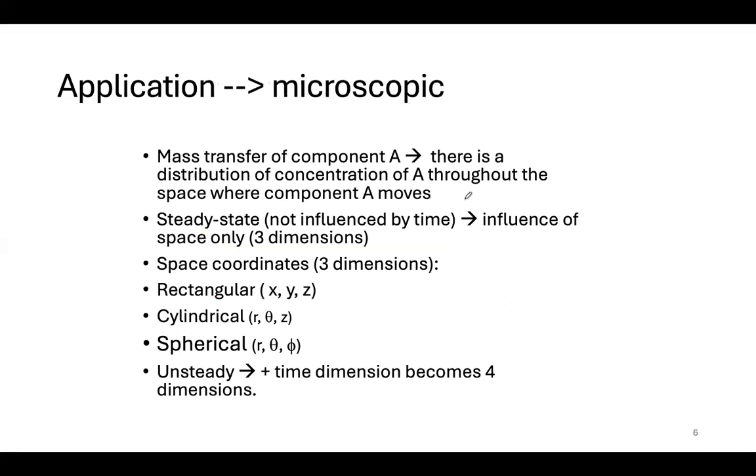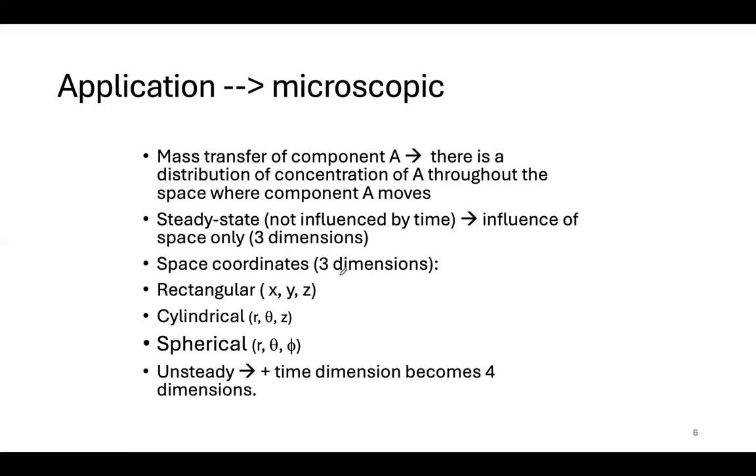So in the application, similar to momentum transfer or heat transfer, we know there is a concentration distribution of A throughout the space where component A moves, and the steady state would be influenced by space only because it is not influenced by time.